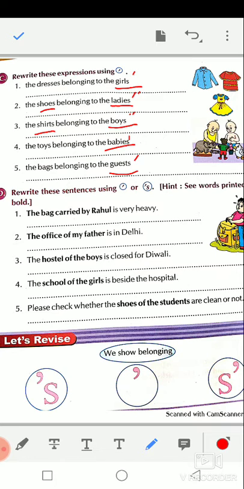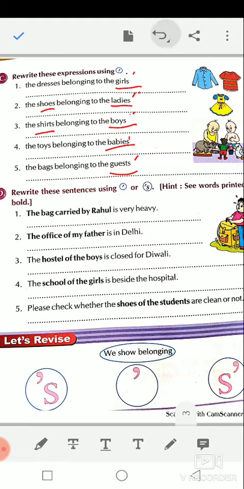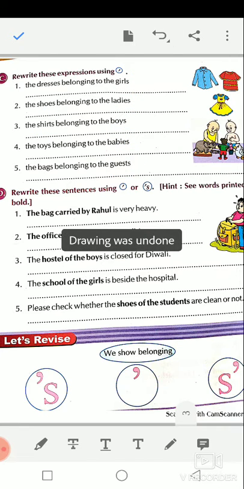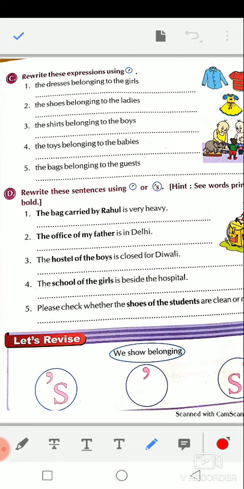Now rewrite these sentences using apostrophe or apostrophe S. In these sentences you have to choose where to put only an apostrophe and where to put apostrophe S. The bag carried by Rahul is very heavy.